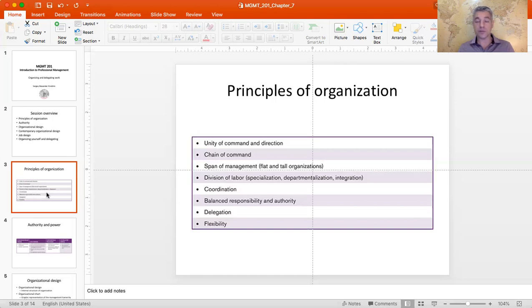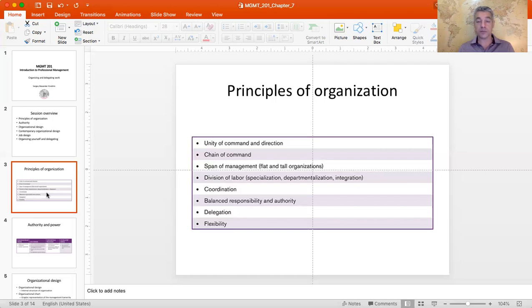So, based on the span of management, organizations can be flat or tall. When managers have a great number of employees reporting to them directly, the number of layers of management will be limited. So, you're going to have a flat organization.